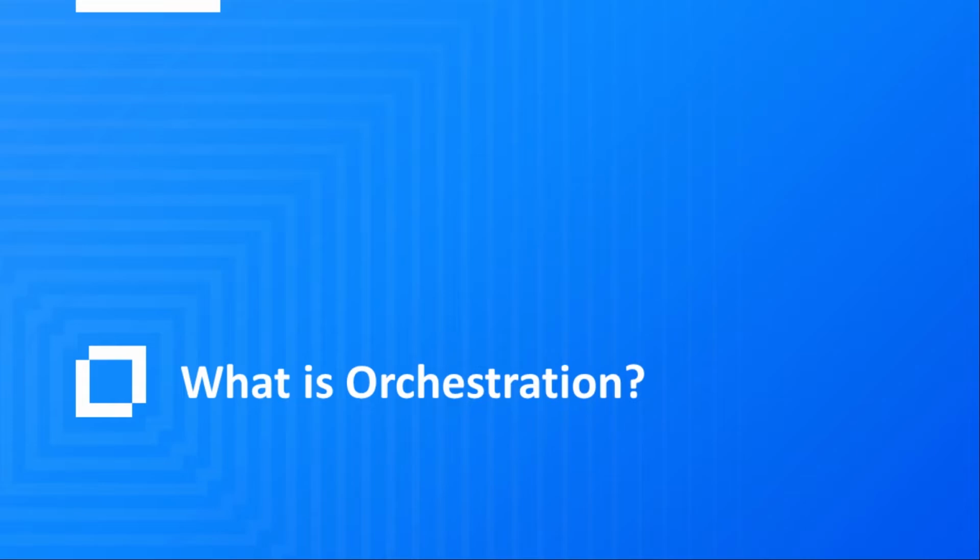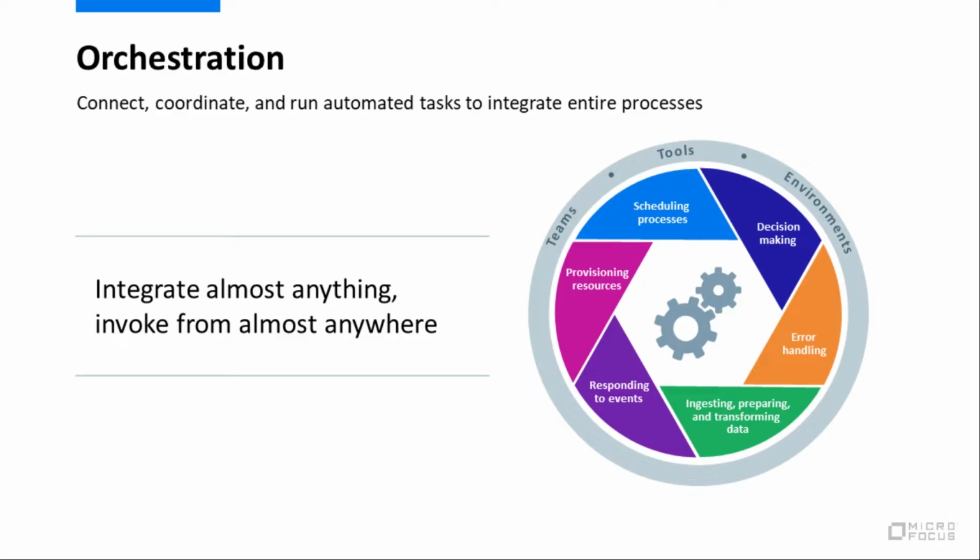First, what is orchestration? In Microfocus, we define orchestration as a system that connects, coordinates, and runs automated tasks to integrate entire processes. An orchestrated system can make decisions, can handle errors, ingest, prepare, and transform data.